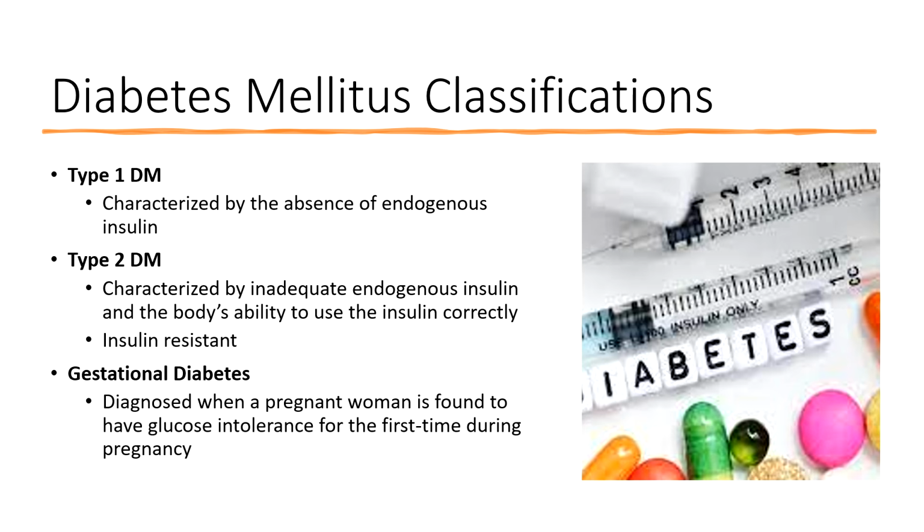So one of the key features of diabetes is hyperglycemia, which is elevated blood glucose. So just remember that type 1, type 2, and gestational diabetes all have elevated blood glucose. Okay. Type 1 diabetes is characterized by the absence of endogenous insulin, which means your pancreas is not making any insulin to help move those blood sugars. Okay.